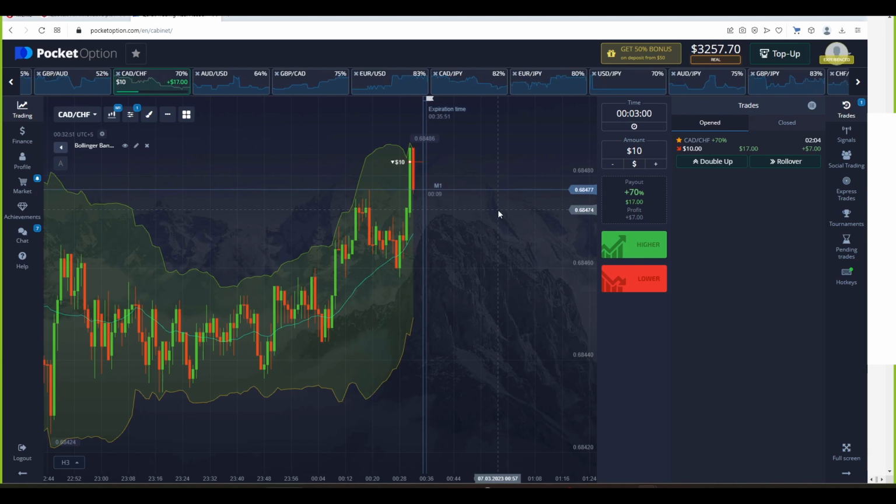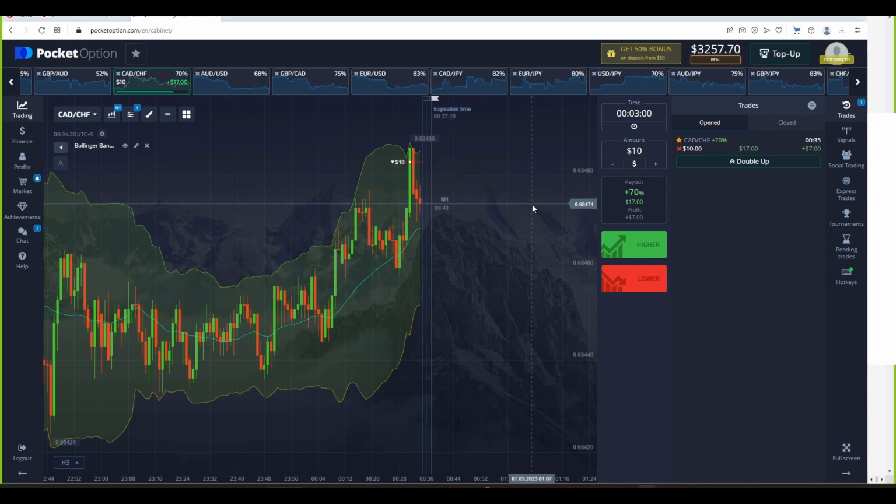I described this in detail in lessons 2 and 4 of the course. The trade closes and we move on to the last trade I had in that online stream.